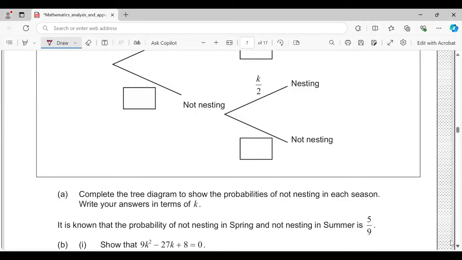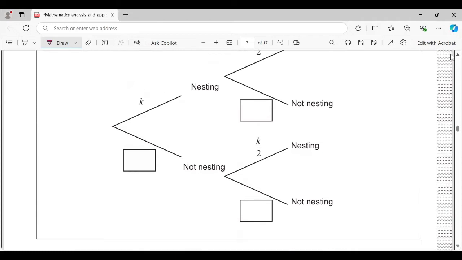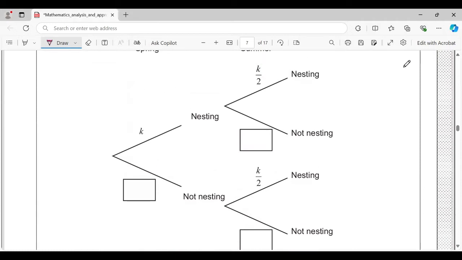Complete the tree diagram to show the probabilities of not nesting in each season. Write your answers in terms of k. Okay. So if the probability of nesting is k, it means the probability of not nesting is 1 minus k.